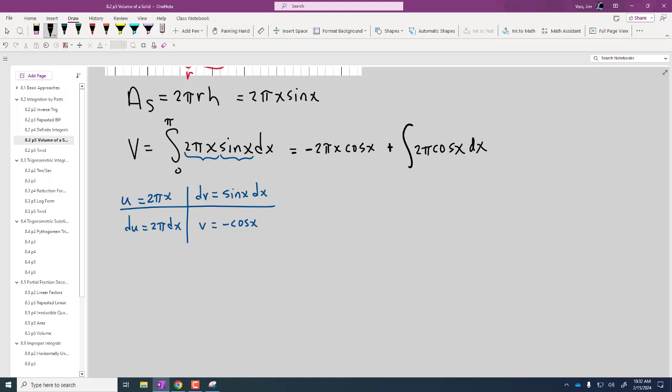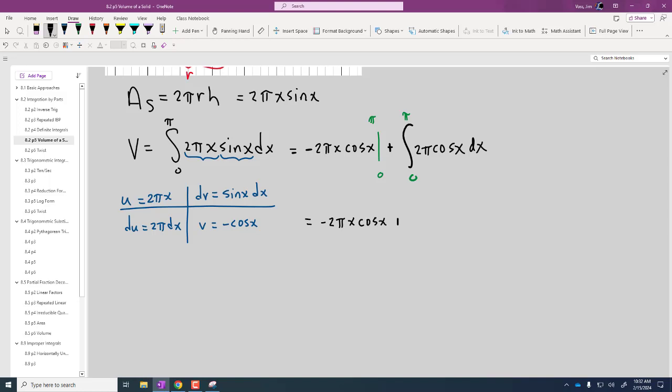And then we put in our limits of integration, from 0 to pi. Both of these have 0 to pi. And we'll finish off the integration and evaluate everything in one fell swoop.